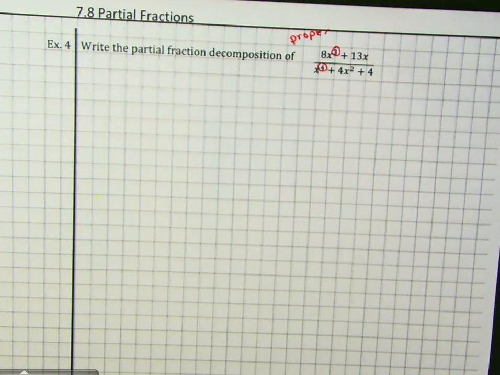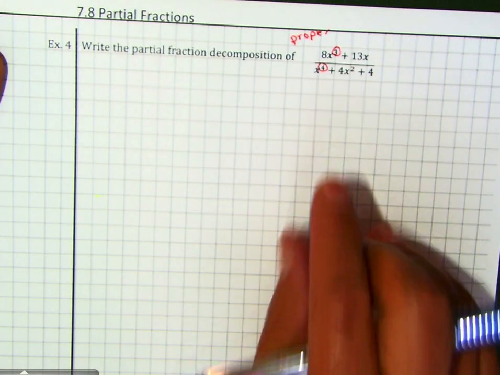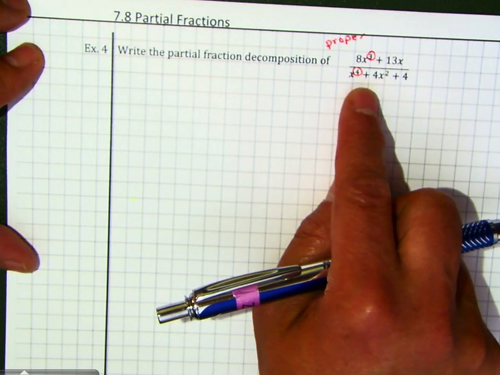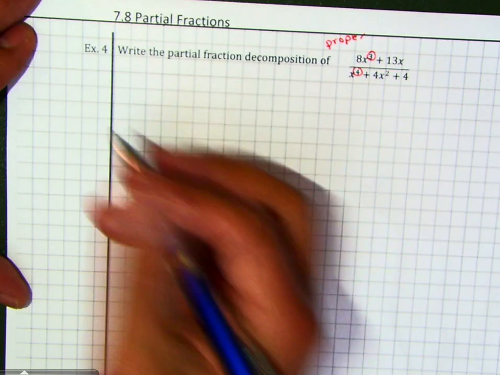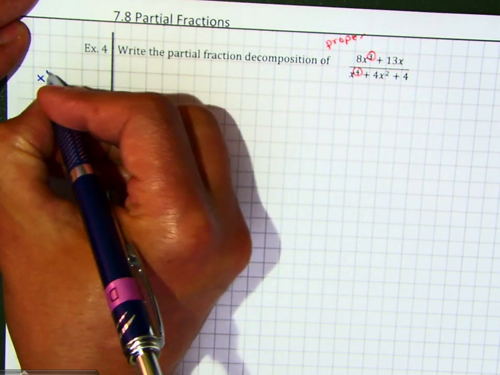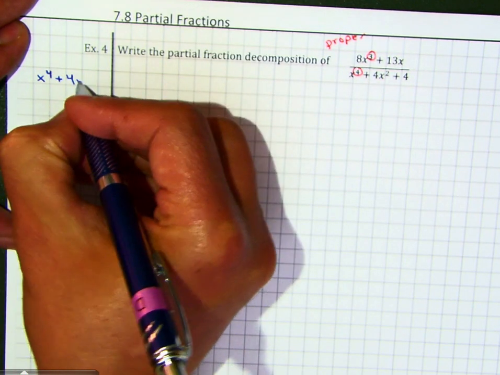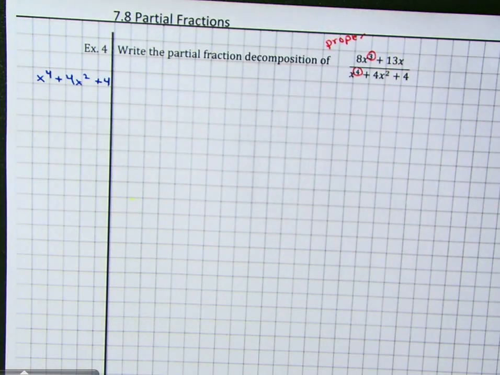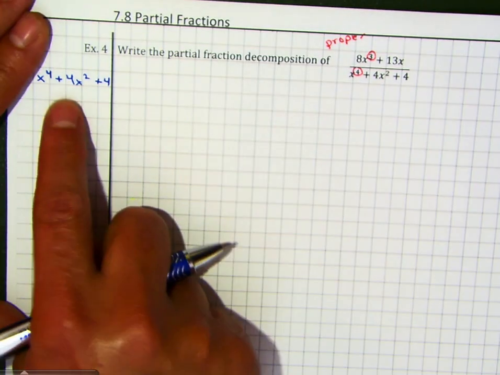So therefore, we can factor the denominator. If we cannot factor the denominator, then we're done. We cannot decompose this fraction. So how can I factor this out? In this case, I can just use my double parentheses.